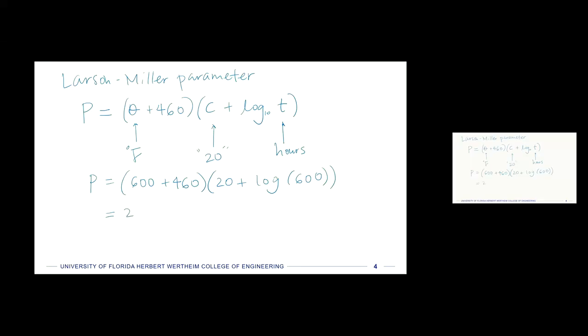I got 24,140. Right. And this is just, it's kind of just a parameter, right, that tells us how these things go together. Okay, so now we have some different temperatures. So let's calculate what the failure time would be for those other temperatures.